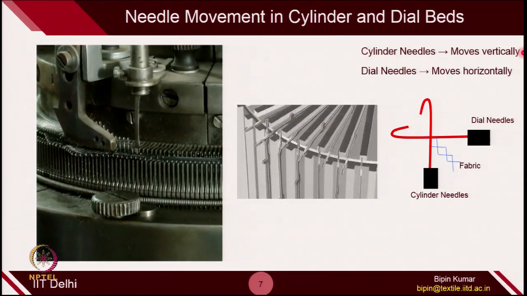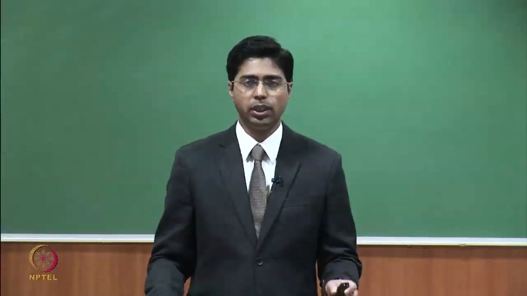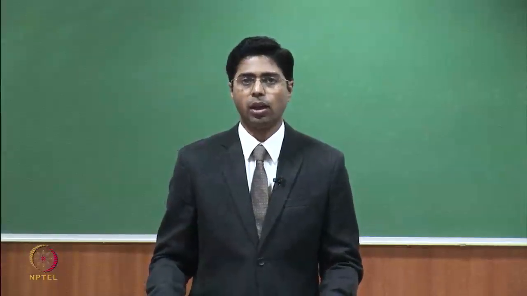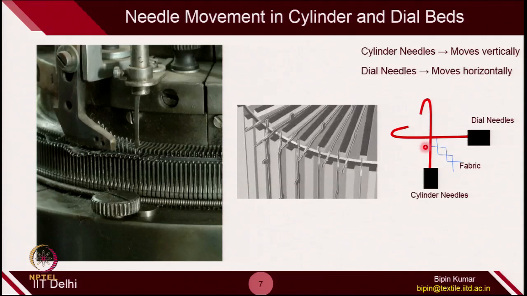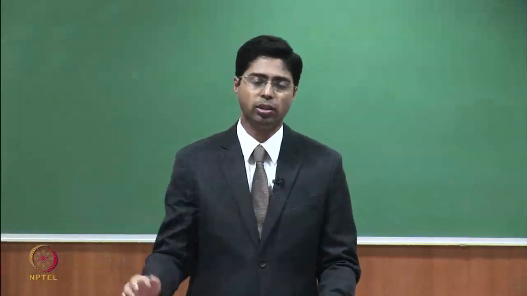The cylinder needles move vertically, and the dial needles reciprocate horizontally along radial directions. So the directions of reciprocation are entirely different, and the fabric is produced at a 45-degree angle with either the cylinder or the dial. The loops being generated are released from the machine at 45 degrees.